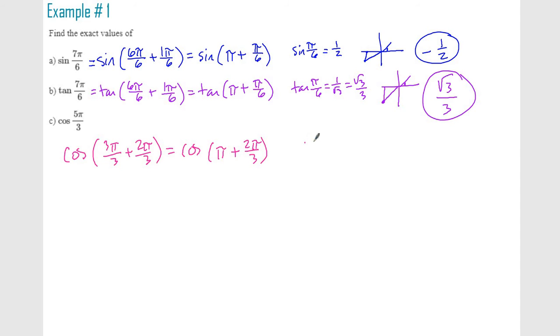So let's think about what cosine of 2 pi over 3 is. That one ends up being in the second quadrant anyway, so we have to do that one as subtraction. All right, I tried. Okay, so let me erase that.